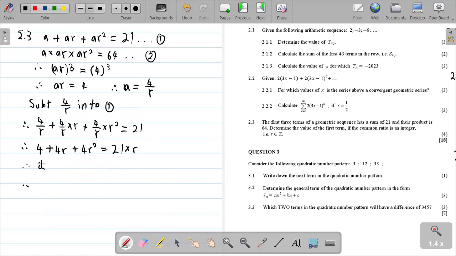So it's going to be 4 plus 4R minus 21R, then plus 4R squared equals to 0. So then it's going to be 4R squared minus 17R plus 4 equals to 0. Isn't it? Yeah, should be like that.